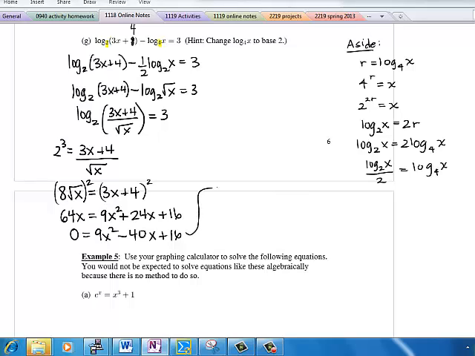You can try to factor that, I guess. I'm not sure what's going to work well here. We could try 9x and x, maybe. 16, we could do 2 and 8.